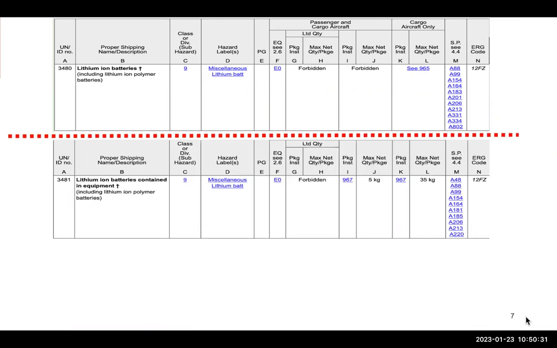And for lithium-ion batteries contained in equipment, we do have the extract looking just like this. As you can see, we have maximum net quantity per package as 5 kilograms. Packing instruction is 967, and the maximum permitted net quantity per package is 35 kilograms on the cargo aircraft only.